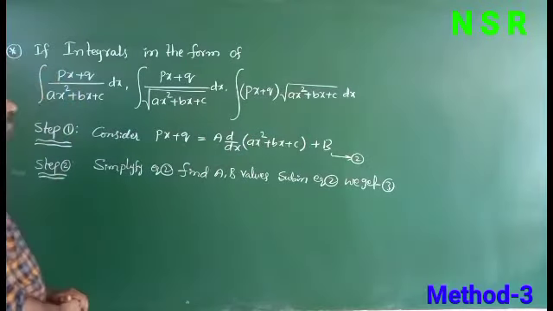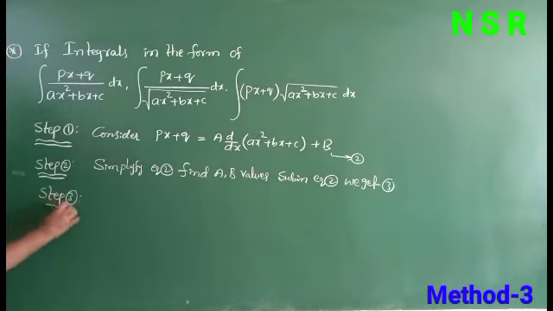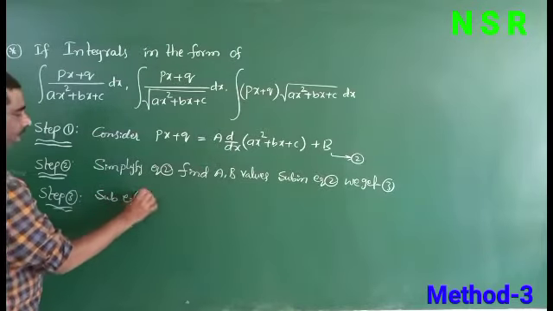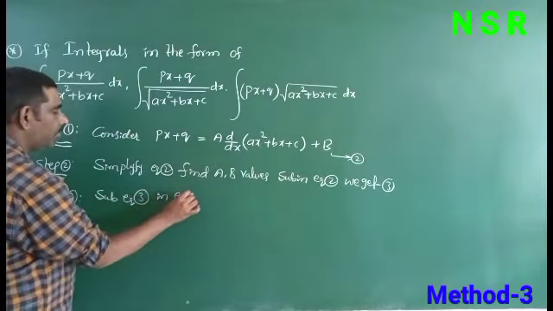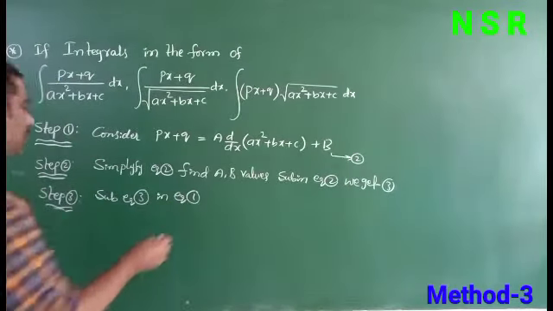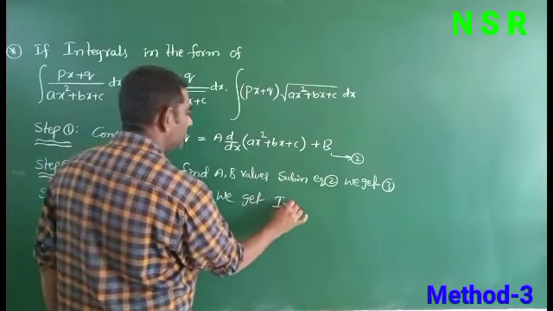Substitute these a and b values in equation 2, and we get equation 3. Next, in step 3, substitute equation 3 in equation 1, and we get the integral value.